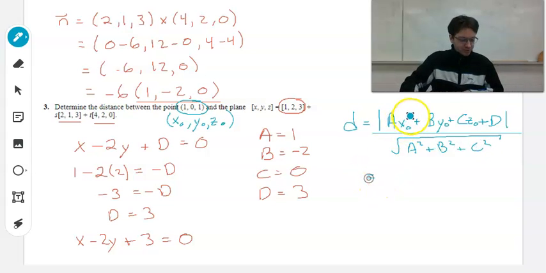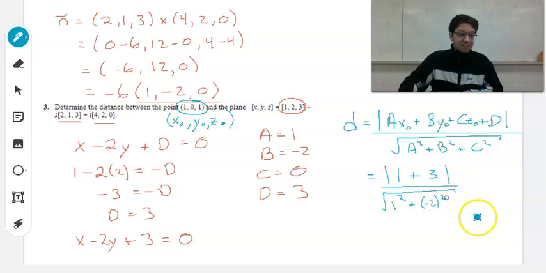So that's going to give us, we have 1 times 3, so 3, minus 2 times negative 1, and 0 times 2, so 0, and then d is 3, so 1 plus 3. All divided by the square root of 1 squared plus negative 2 squared plus 0 squared.